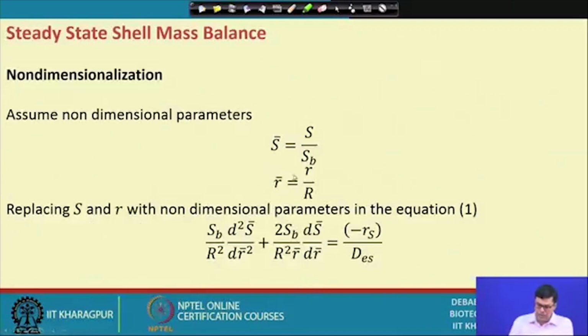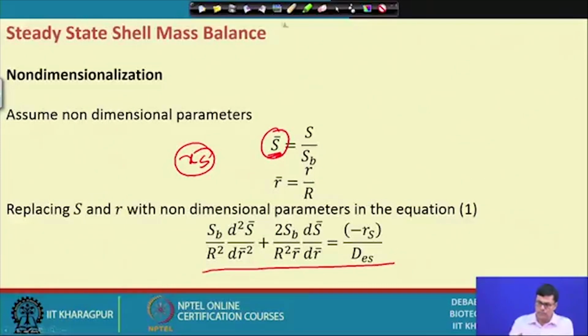Now if we assume non-dimensional parameters, previously we assumed this as X_S, but in this case we assume S bar to understand differently. For internal diffusion, S bar equals S by S_B, the same thing, only the terminology differs, and r bar equals small r by capital R. Then the previous equation can be rewritten in this form.